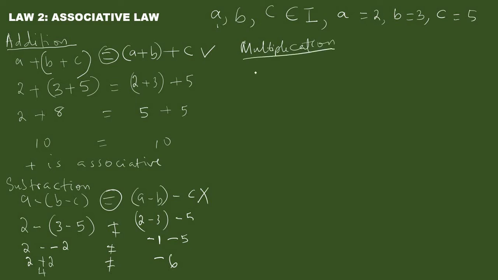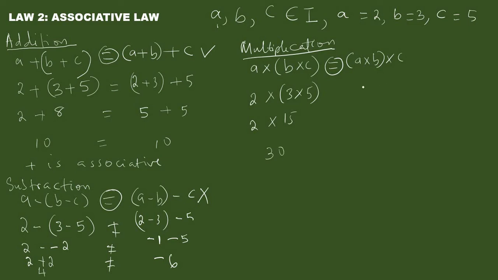For multiplication, if I have A times B times C, is it going to be the same as A times B times C, grouped the other way? Let's check it out. So this will be 2 times 3 times 5. On this side, starting with the bracket, I have 2 times 15, and that gives me 30.